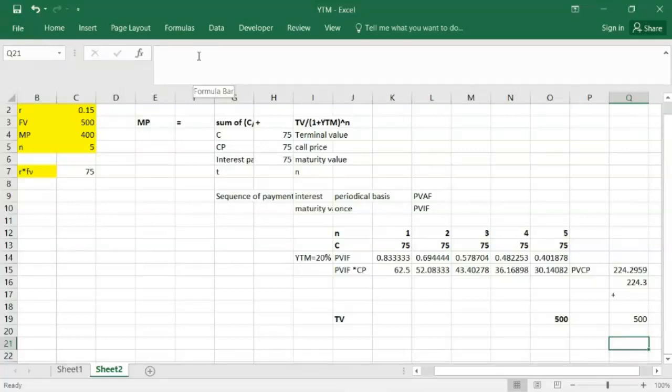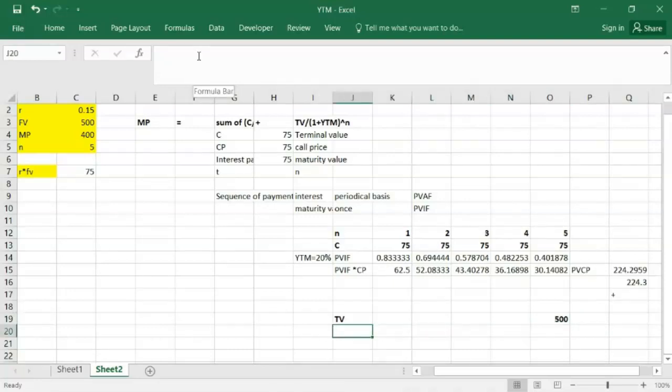But you need to understand that here you need to calculate this for the fifth year. You can convert this into the present value. So this is the fifth year.